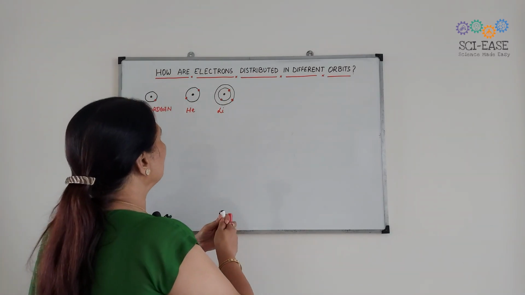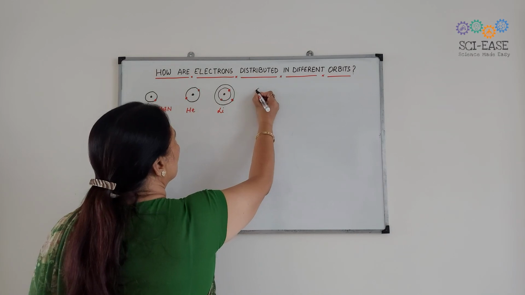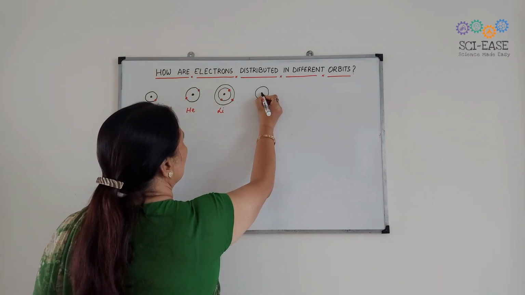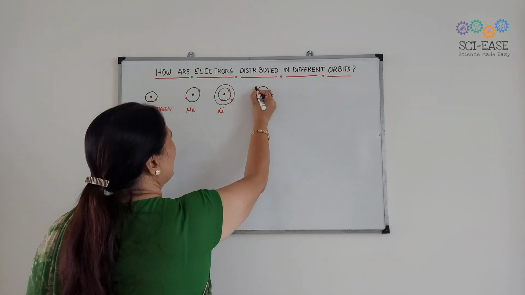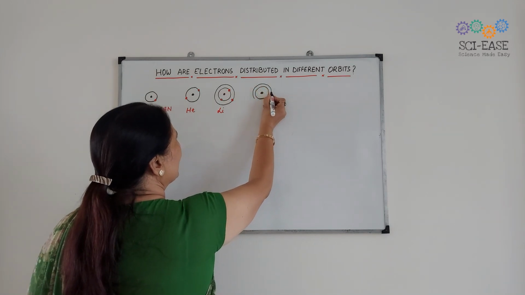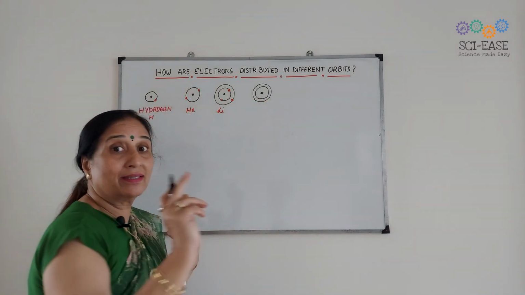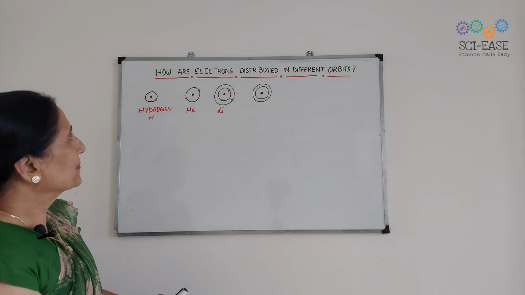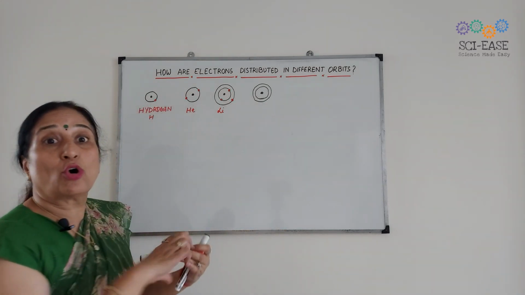This means it has 4 protons and 4 electrons. So how will you represent it? This is the first shell, this is the nucleus, and this is the second shell. In the second shell, the maximum number of electrons that can be accommodated is 8, according to the 2n square rule. Okay. So this is the electronic configuration.